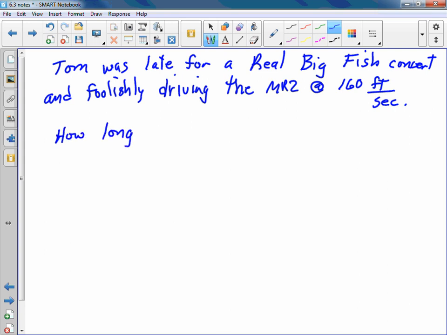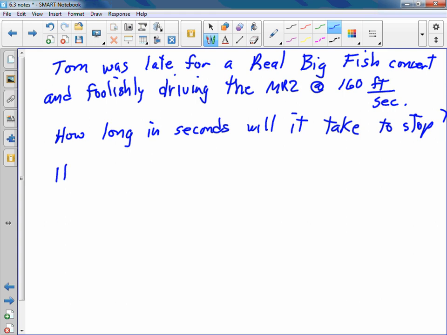First, how long in seconds will it take to stop? Okay? Well, now v sub 0 equals 2 times 80 equals 160 feet per second.